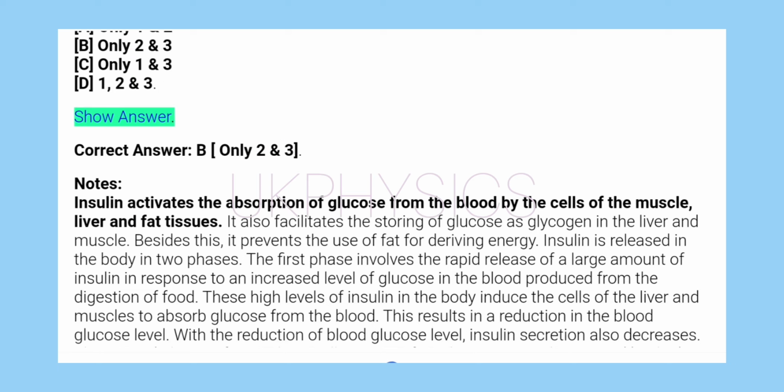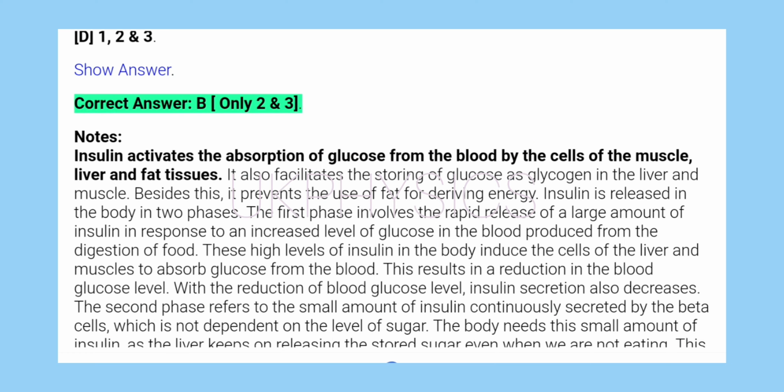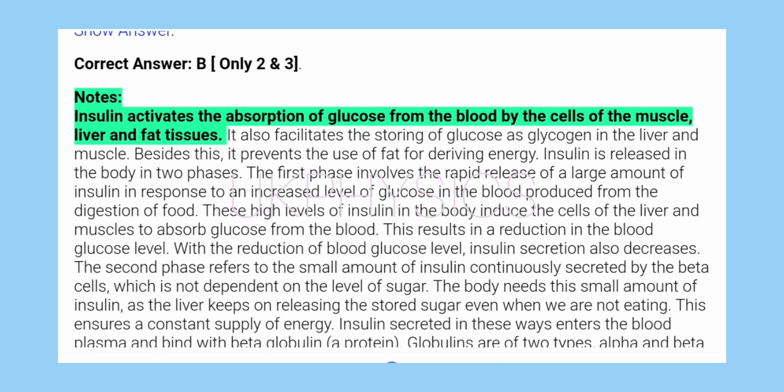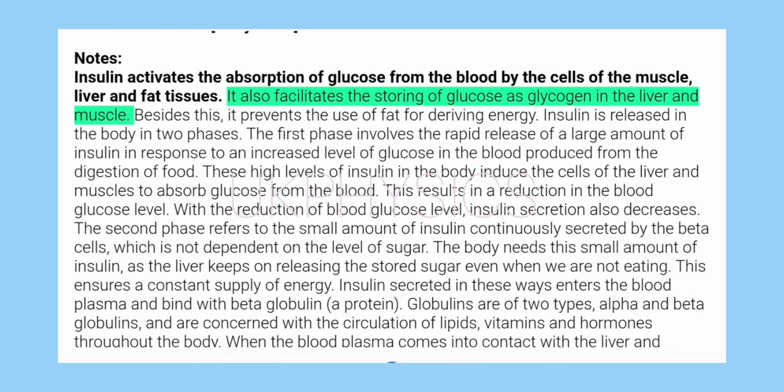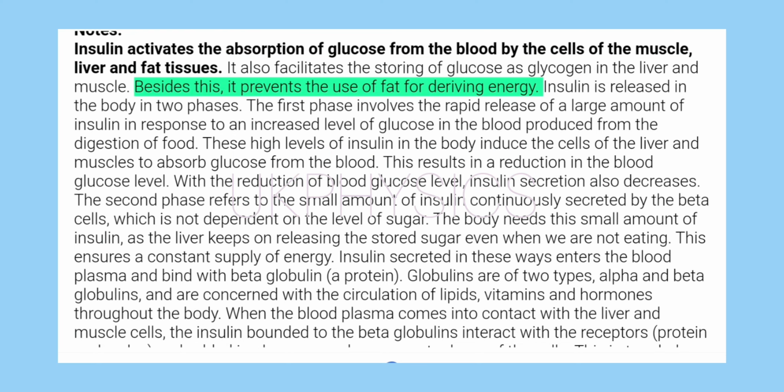Show answer. Correct answer, B. Only 2 and 3. Notes: insulin activates the absorption of glucose from the blood by the cells of the muscle, liver and fat tissues. It also facilitates the storing of glucose as glycogen in the liver and muscle. Besides this, it prevents the use of fat for deriving energy.